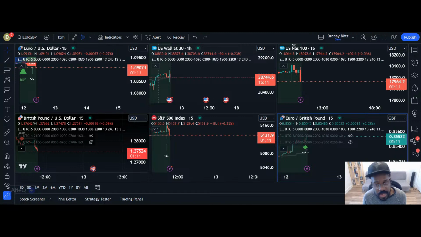Last week we did 2.3% off of the automation, so that was pretty good. If you're doing more than 1% a month, you're considered a good trader. So we're already surpassing that.